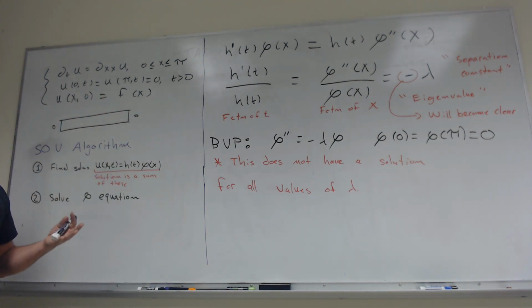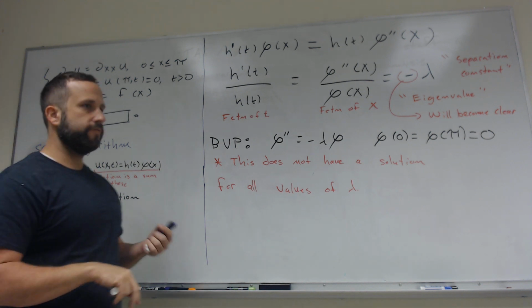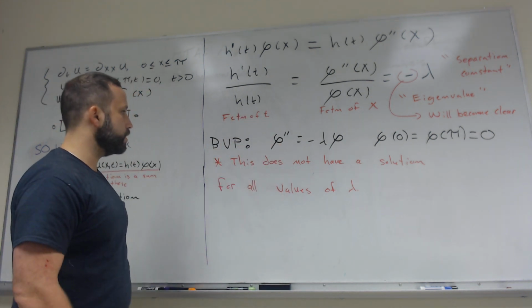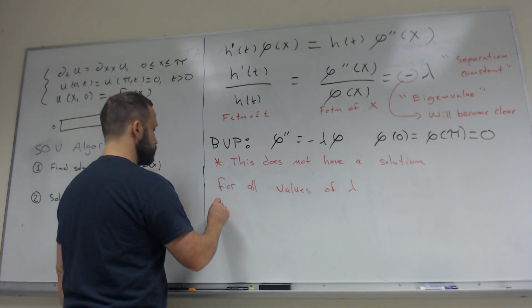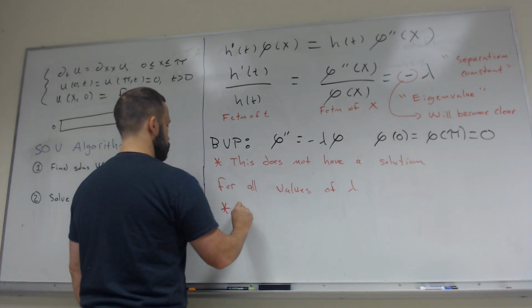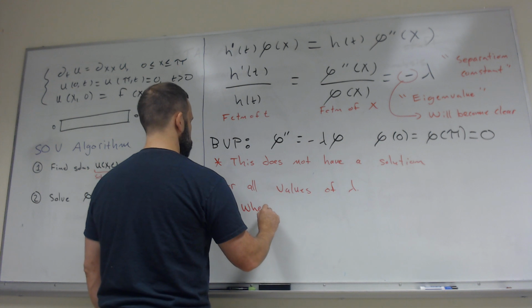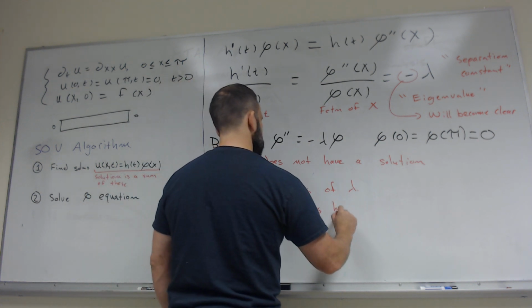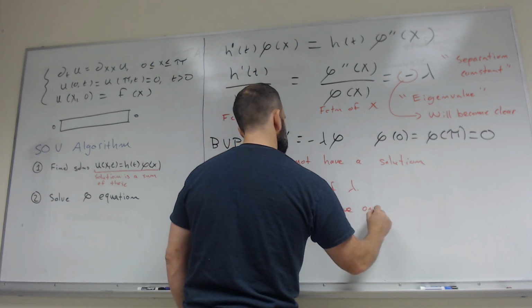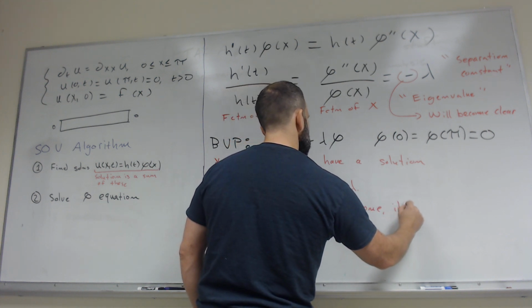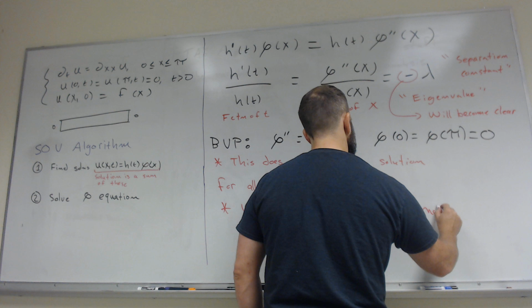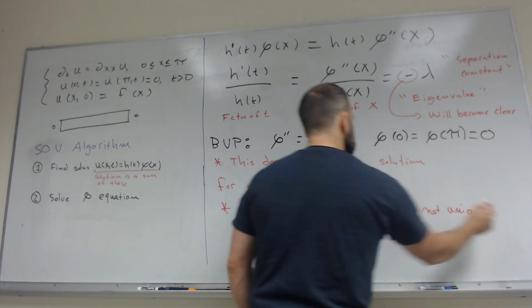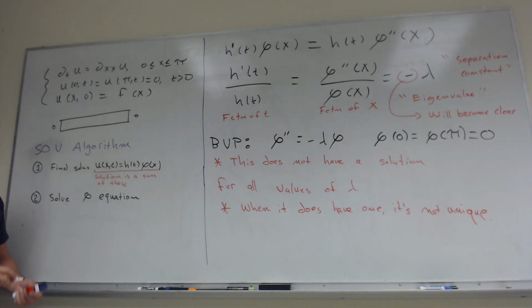There's only some values of lambda for which it has a solution, and in fact there's not a lot. There are only a few values of lambda that are a solution, and when it does have a solution, it's not unique.